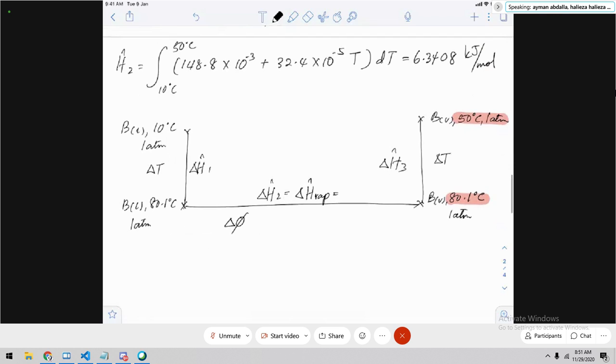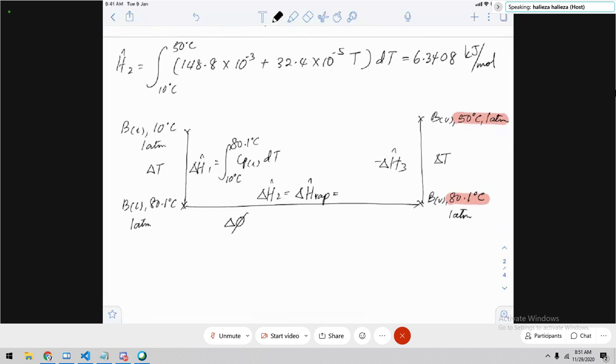We have a change of temperature for the first step, from 10 degrees C to 80.1. So we're going to do the integration based on the liquid CP, because step 1 is still in the liquid phase. There's only a change of temperature.